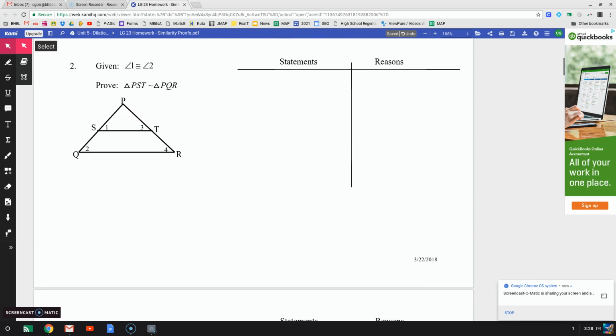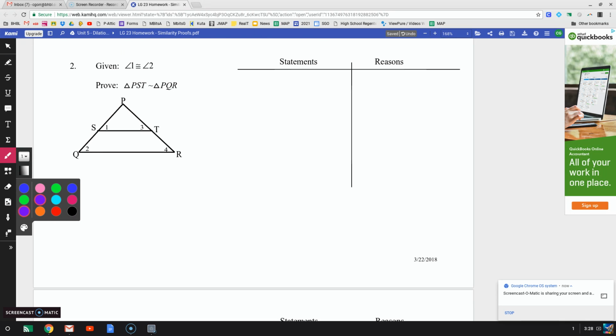Number 2, let's take a look at 2. So I'm going to mark my picture. I know that angle 1 and angle 2 are congruent, and I'm trying to again prove that my triangles are similar. So I know that angle 1 congruent to angle 2, and that's a given. Now, since I've got a small triangle and a large triangle, and I'm trying to make a comparison between these, what that tells me is that these two lines must have been parallel.